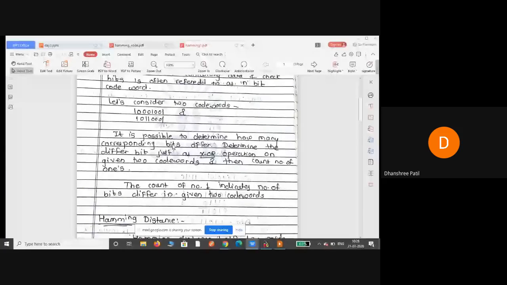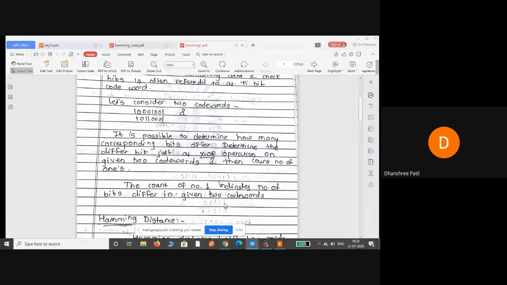Okay. Now how is it understood? For this it uses the XOR operation. Whatever answer I get from these two code words after applying the XOR operation, that is called the Hamming distance.